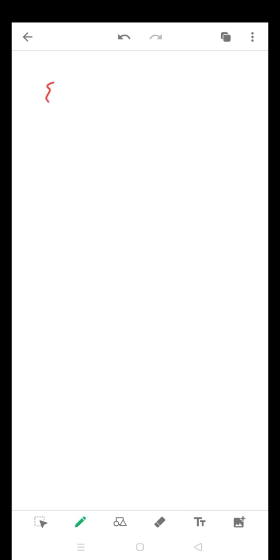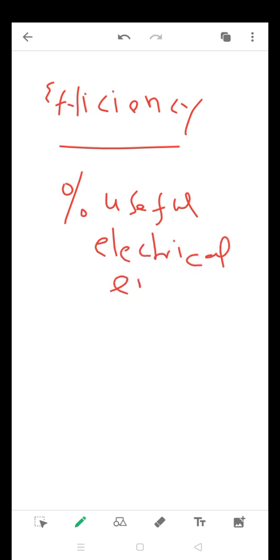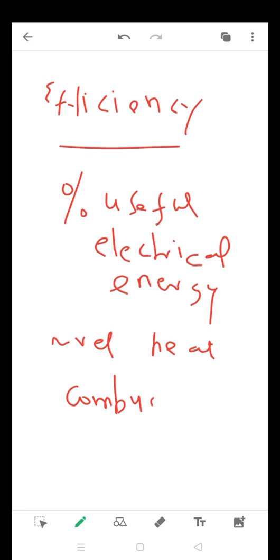If you talk about the efficiency of a fuel cell, it is basically the thermal efficiency, which can be defined as the percentage of useful electrical energy produced relative to the heat that would have been obtained through combustion had the fuel been subject to combustion.